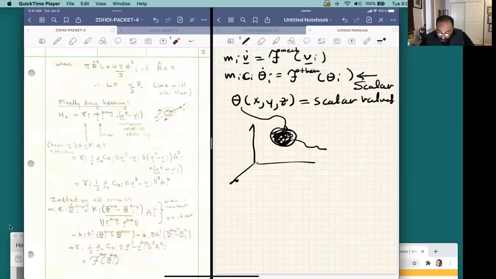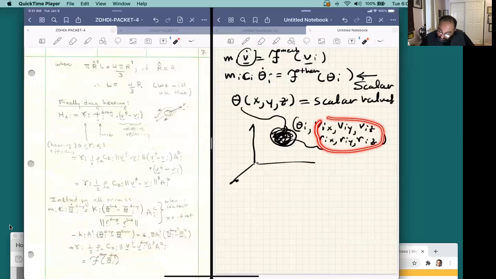However, so we know theta of I. However, how many values of the velocity do we have? Well, the velocity is a vector valued velocity. It's going to be v of I of x, v of I of y, v of I of z. It's also r of I of x, r of I of y, and r of I of z. So there's actually 6 variables associated with the mechanics of this and 1 variable for the temperature. So at any given time, you need to drag around 7 variables with each of the blobs of materials.